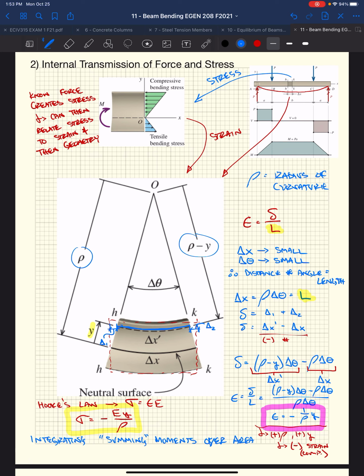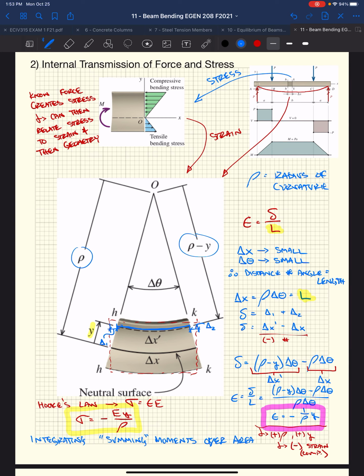If we look at this cross section, each one of these stresses acts over some little bit of area. If you took each one of those incremental increases in stress and multiplied it by the small area over which it acts, you'd figure out what the force was, and you'd have a series of all these forces acting on our cross section.